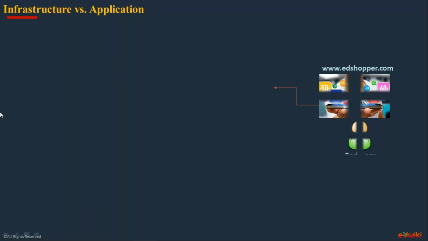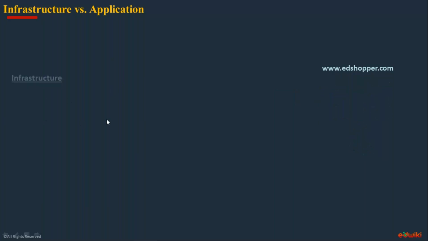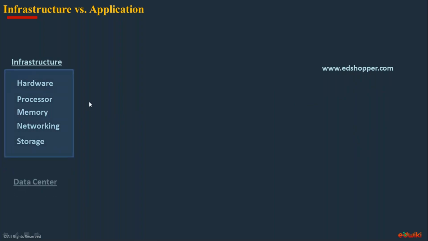So what I can say is, there is an infrastructure terminology that we need to understand here. When I say infrastructure, it is basically the hardware components that are collectively integrated together in a given data center, which we call infrastructure.